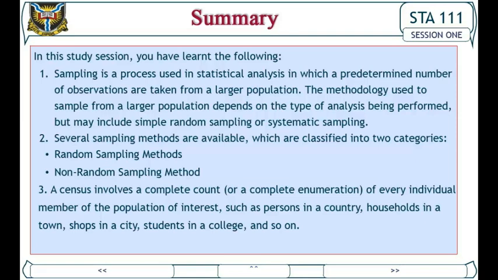Several sampling methods are available, which are classified into two categories: random sampling methods, non-random sampling methods. 3. A census involves a complete count or a complete enumeration of every individual member of the population of interest, such as persons in a country, households in a town, shops in a city, students in a college, and so on.